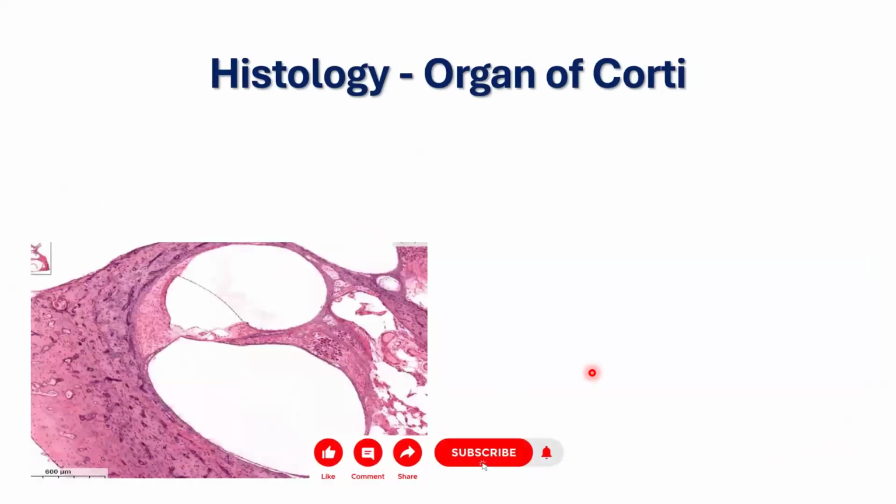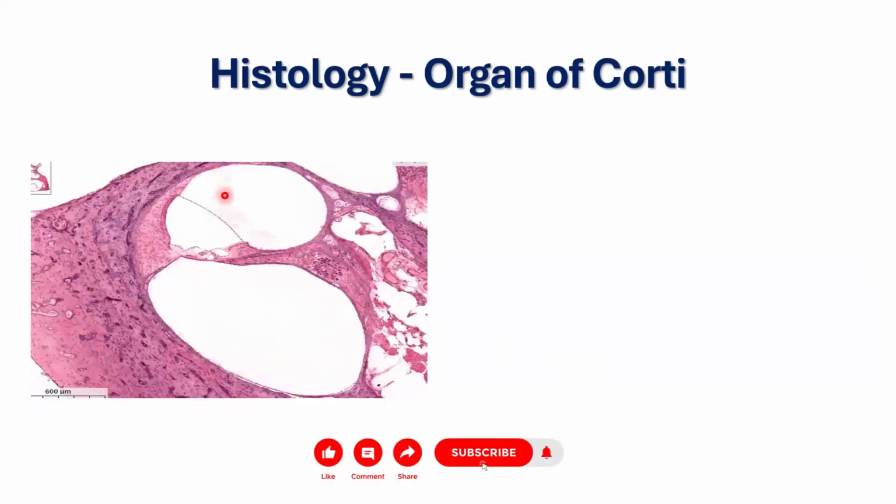Histologically, how will it look? We can appreciate here the scala vestibuli, scala media, scala tympani. This is the vestibular membrane, or Reissner's membrane. This is the basilar membrane. Then this is the tectorial membrane. This is the spiral limbus. And this is the spiral ganglion, actually.